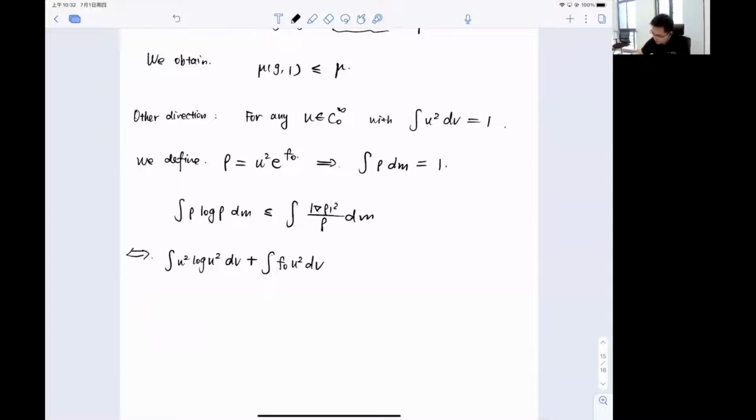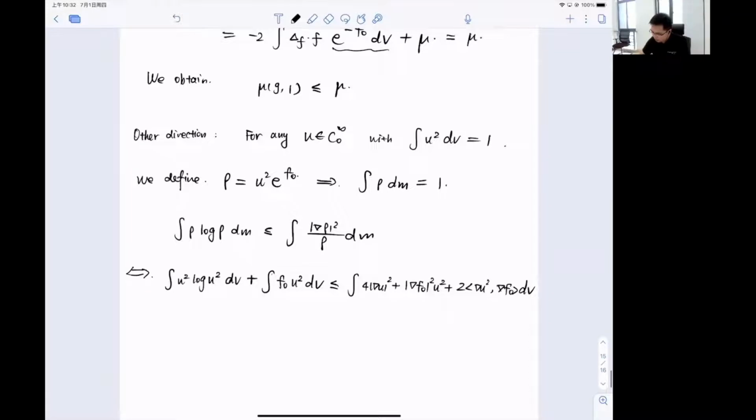And the right-hand side, if you use the definition of rho, can be rewritten as the integral of 4 times gradient u squared plus gradient f0 squared u squared plus 2 times the inner product of gradient u squared and gradient f0, with respect to dv.